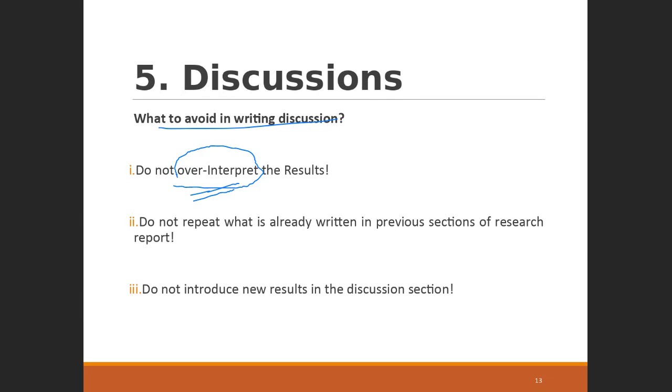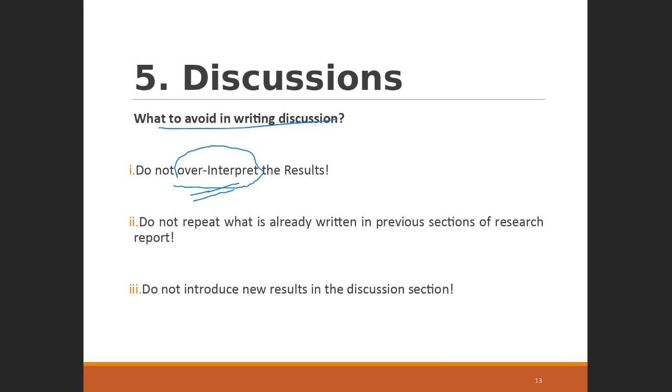This would be over interpretation. You just need to interpret the results within your boundaries, within the acceptable norms, within the acceptable understanding. So you don't have to over interpret your results.